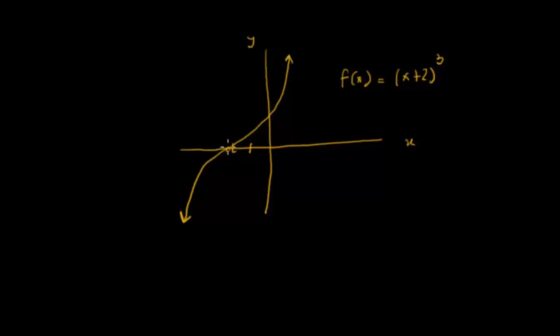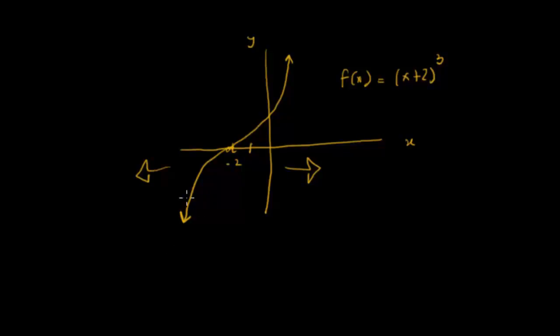It is going through 0 at -2, and then it keeps on increasing. What we just found is that from -2 to infinity, towards this side here, it's concave up, and towards this side, it is concave down.